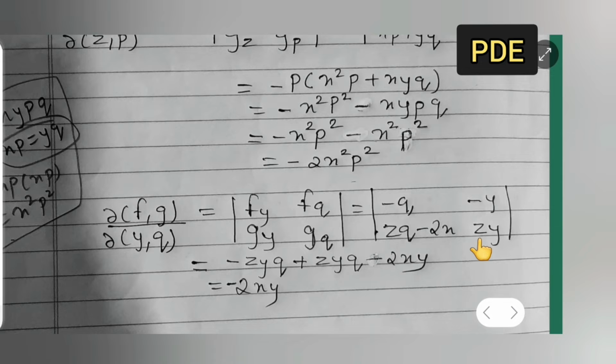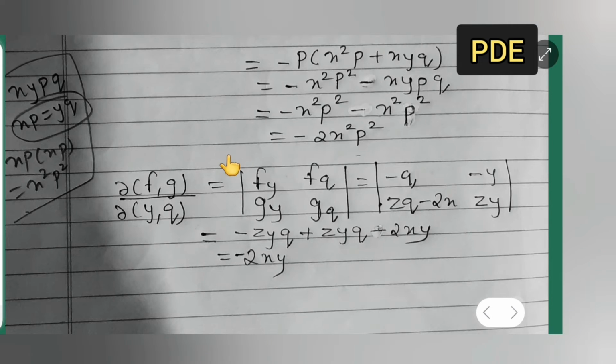Next, what you all are going to do is minus q zy, write it over here, plus, so minus and minus will be plus, so it will be zqy minus 2xy. Here this term will get cancelled. Finally what you are going to get is minus 2xy. Okay, next, let us see.